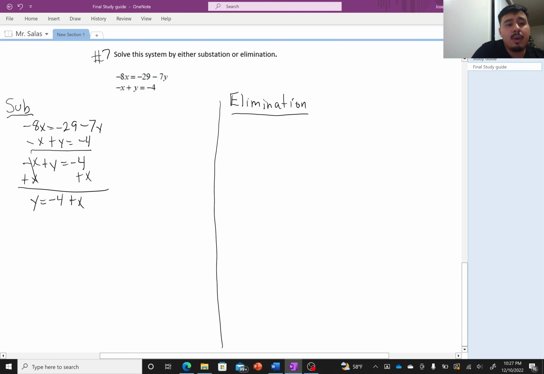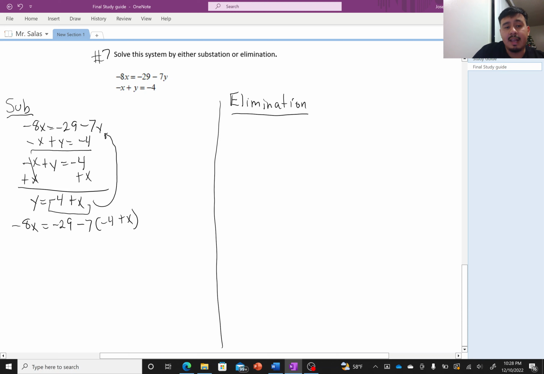All right, we already have our y value. So we're just going to go ahead and take this y value and plug it into this y right there. So I'm going to go ahead and write negative 8x is equal to negative 29 minus 7. But instead of writing y, I'm going to write in my expression, which was negative 4 plus x.